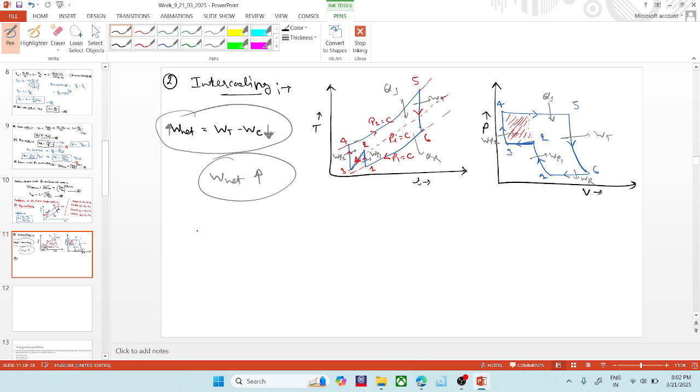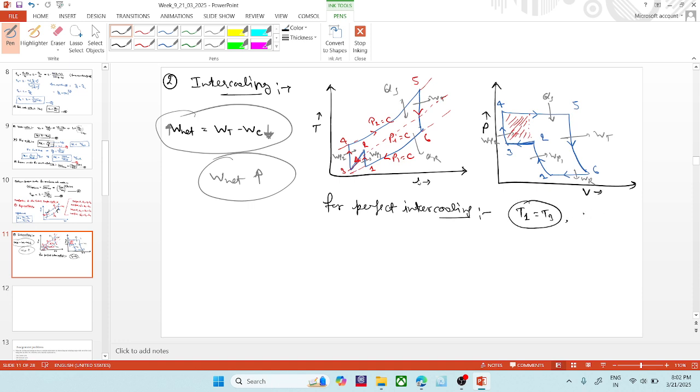Let me write the points for perfect intercooling. For perfect intercooling, first, T1 is equal to T3.